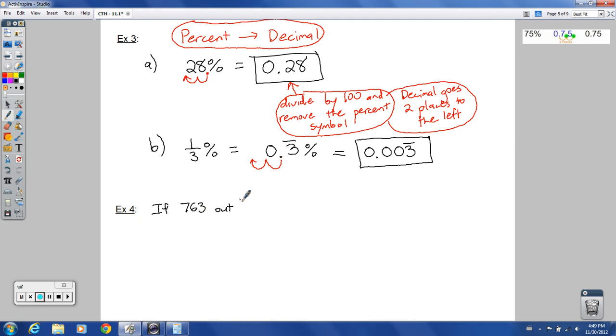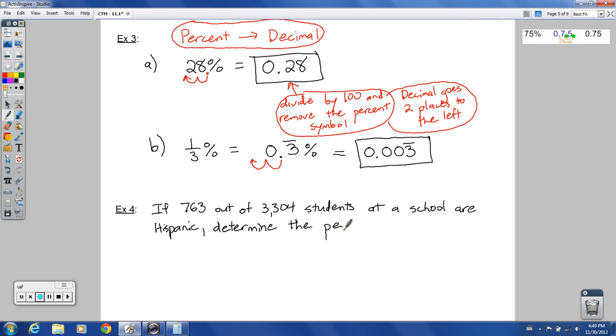If 763 out of 3,304 students at a school are Hispanic, determine the percent of Hispanic students at the school.